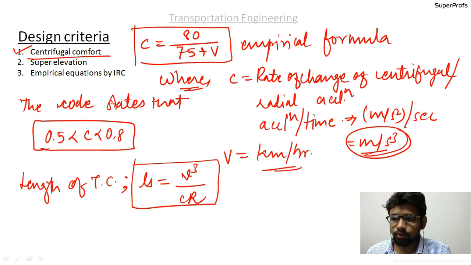This is the theoretical formula for the length of transition curve from the centrifugal comfort point of view.